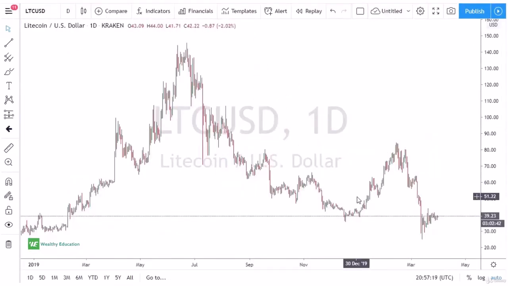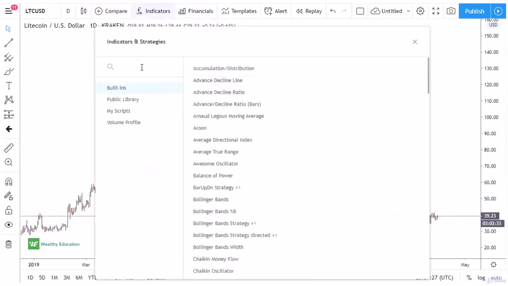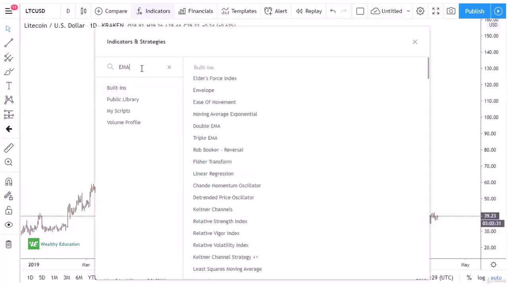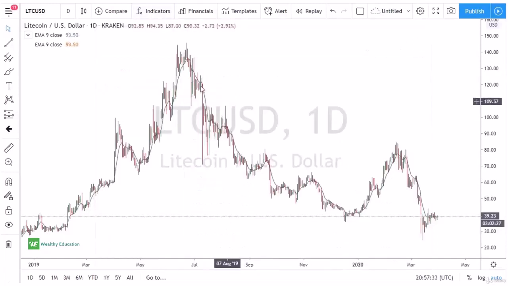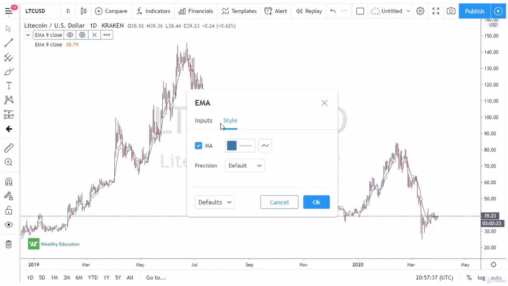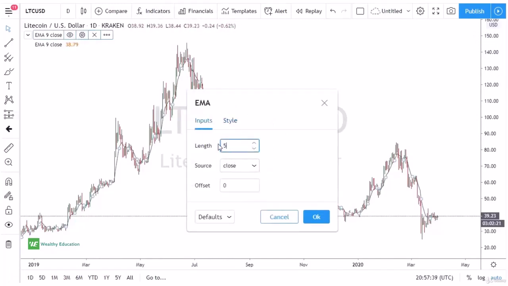There are a multitude of different ways you can use this. So let's go ahead and put a couple on this Litecoin chart. So this is a daily chart. So let's use a little higher time frame one. Let's go with 50.